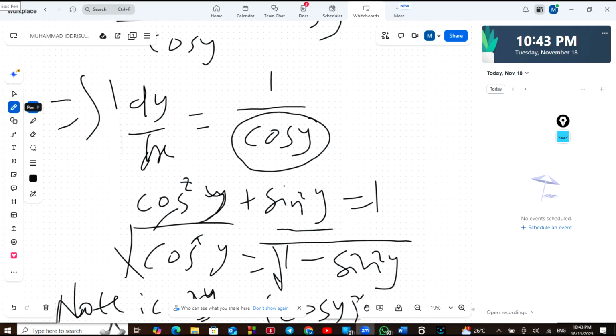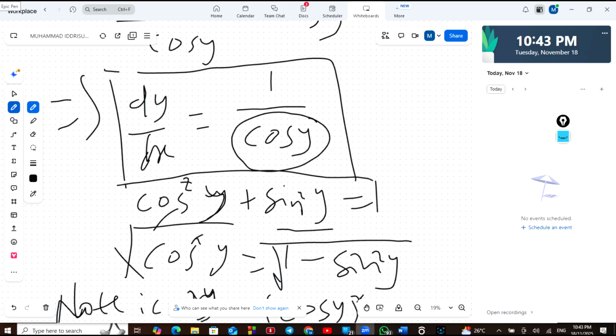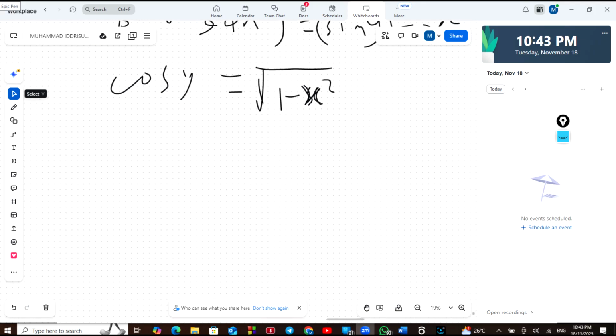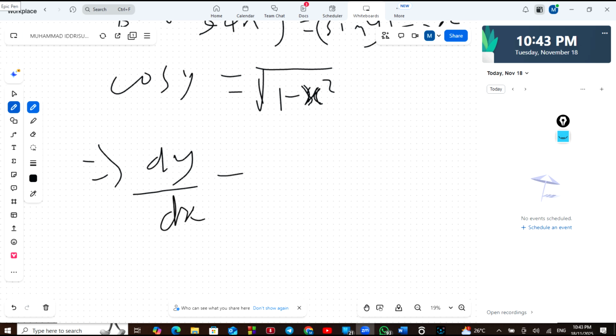So since dy/dx is equal to 1 over cos y, and cos y is also equal to the square root of 1 minus x squared, we now have our dy/dx to be 1 over the square root of 1 minus x squared.